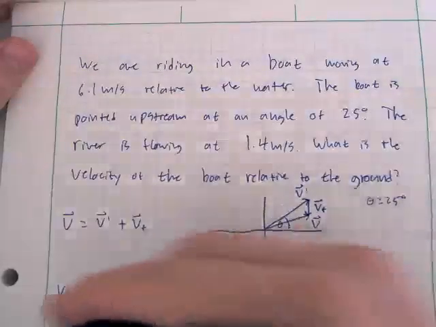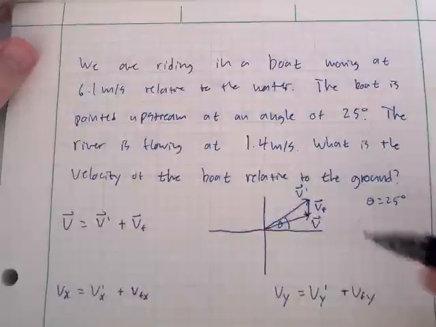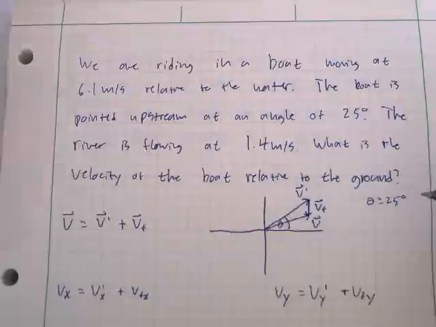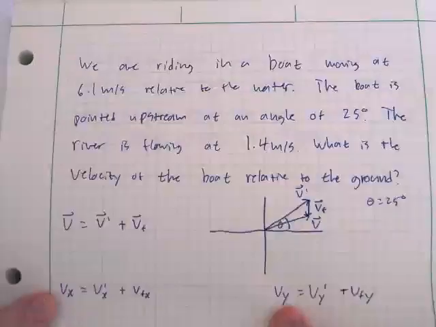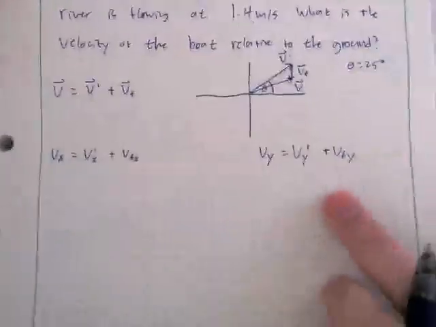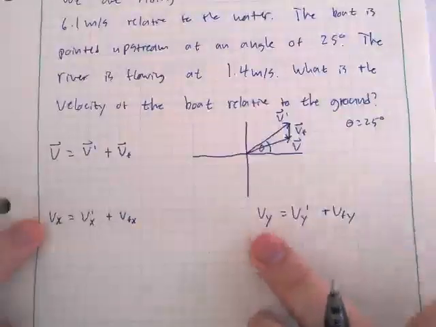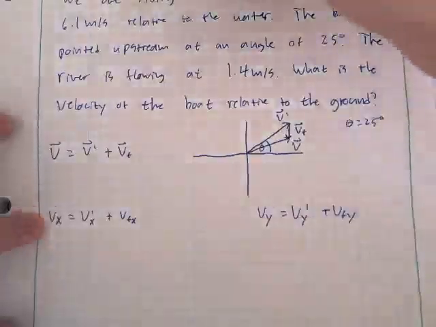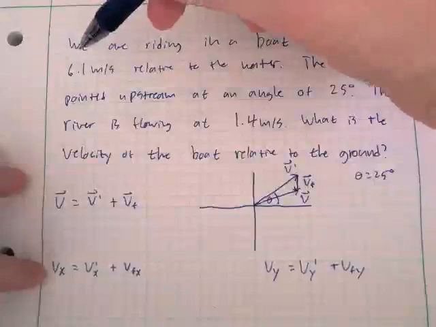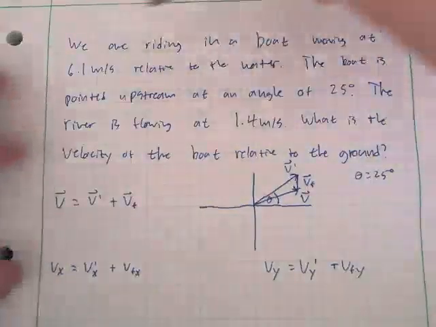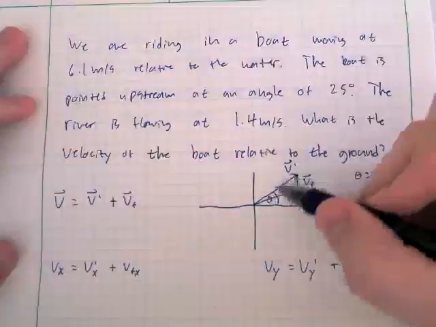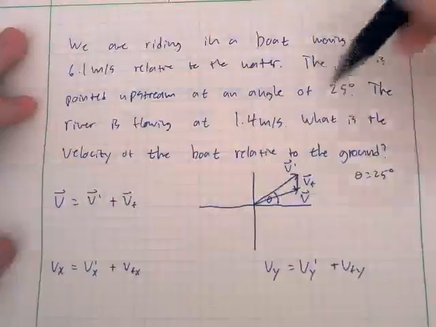We have 6 different values here. Let's see which ones we can start to plug in. Do we know anything about the velocity of the boat relative to the ground? We're given this 6.1 meters per second relative to the water. This is our speed, so this is the length of our v prime, and we're also given the direction.